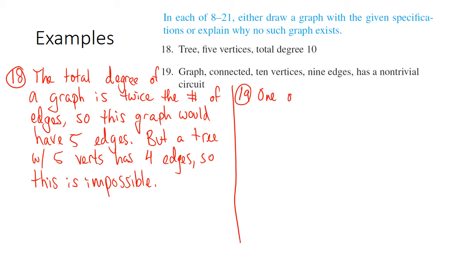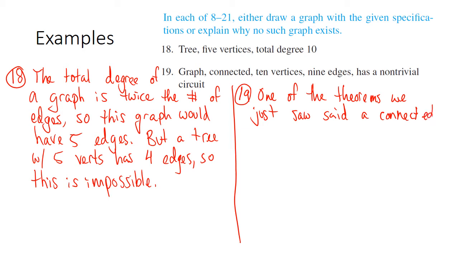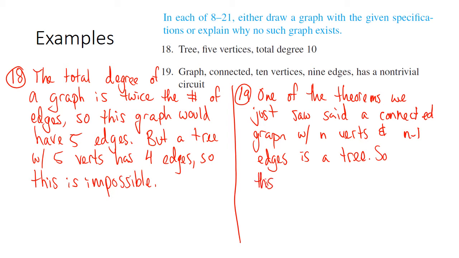I don't remember which one it was, but one of the theorems we just saw said a connected graph with n vertices and n-1 edges is a tree. So this cannot have a circuit because trees don't have circuits. Okay, hope that makes sense to you.